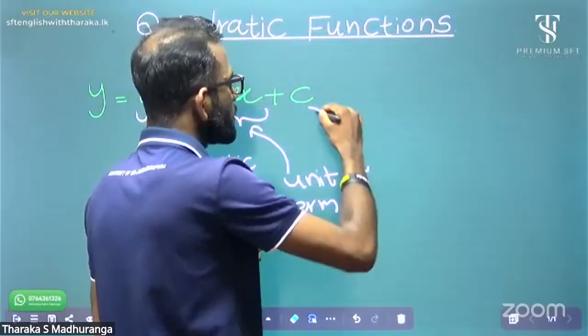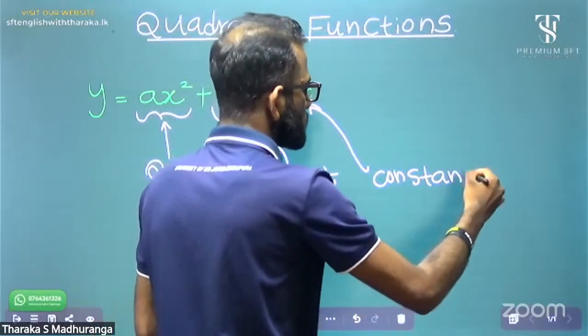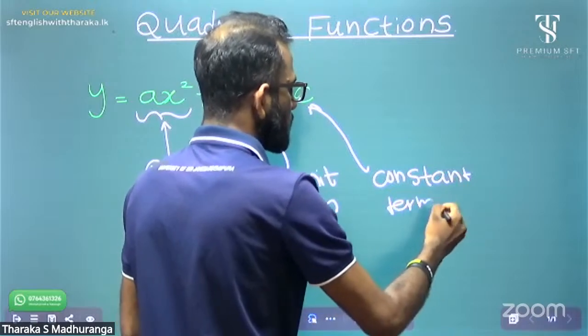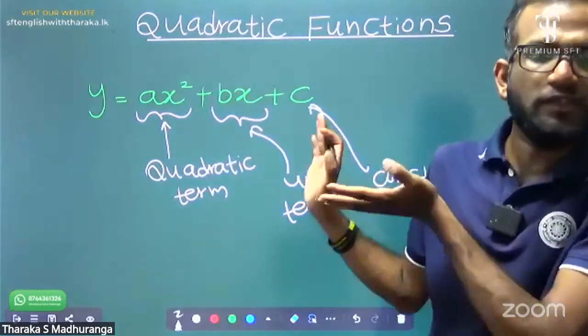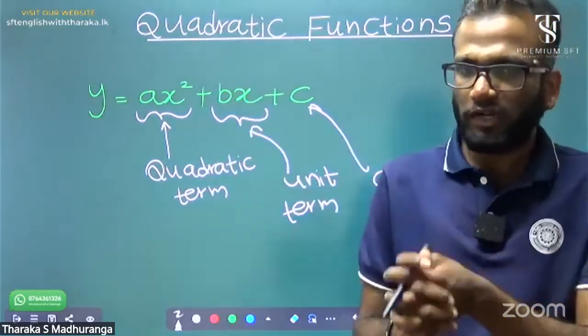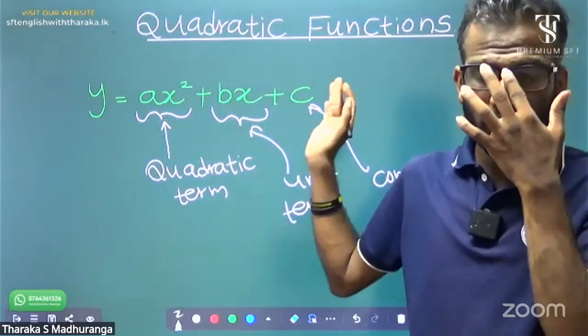The c is the constant term. They are the parts of this common equation of the quadratic functions. For any quadratic function, this is the common equation, and they are the parts.